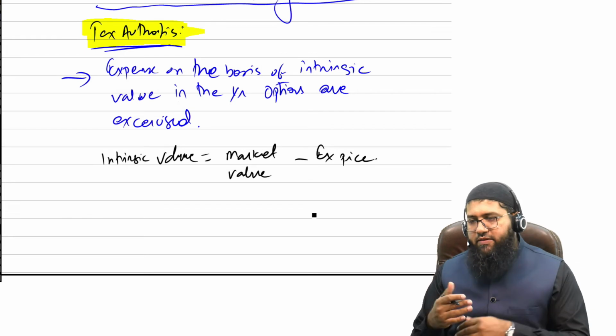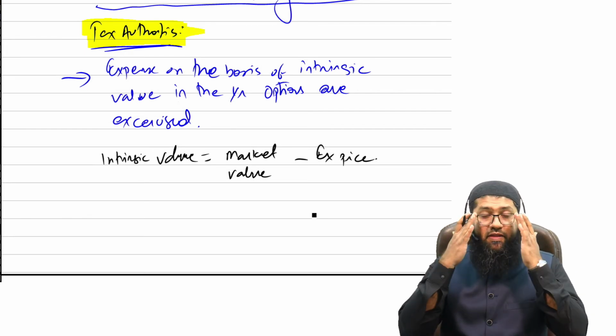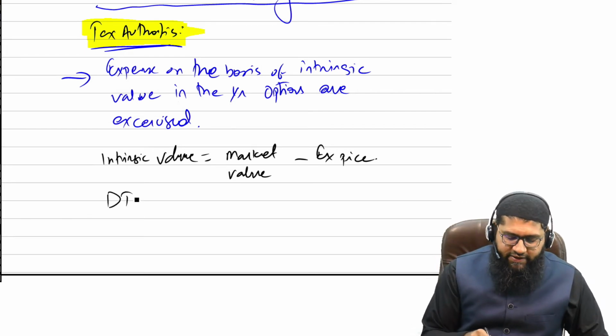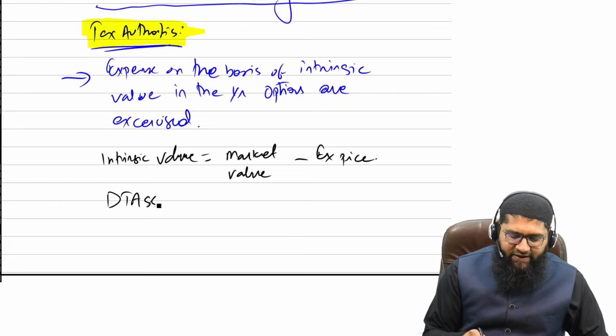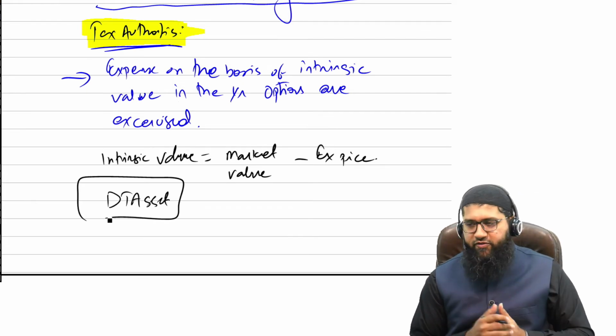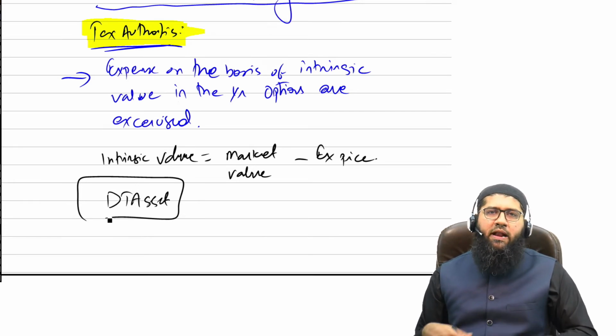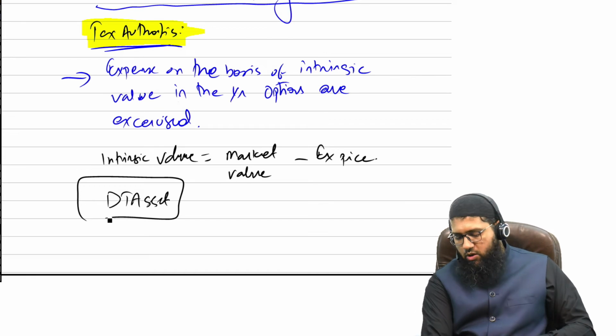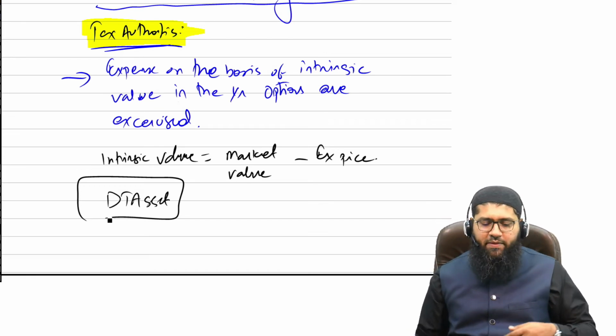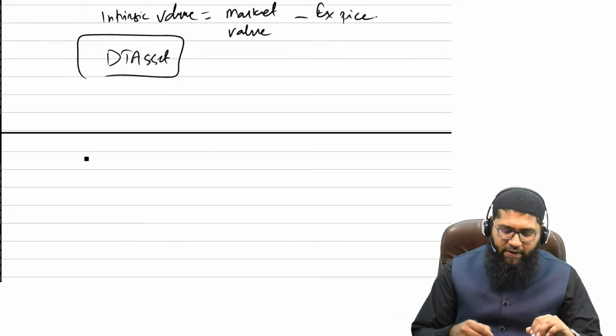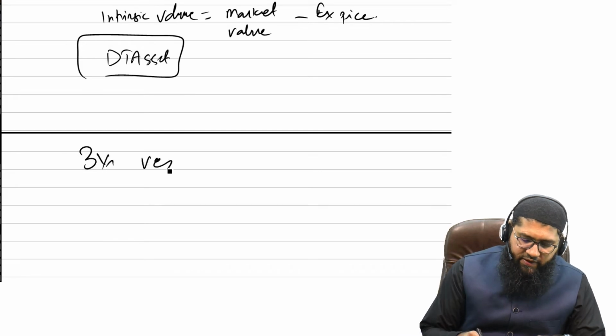So basically, tax authorities would allow you expense in the future. So there is always a deferred tax asset that arises on share based payment transactions. Now how is that deferred tax asset going to be calculated? For example, let's say there is a 3-year vesting period.